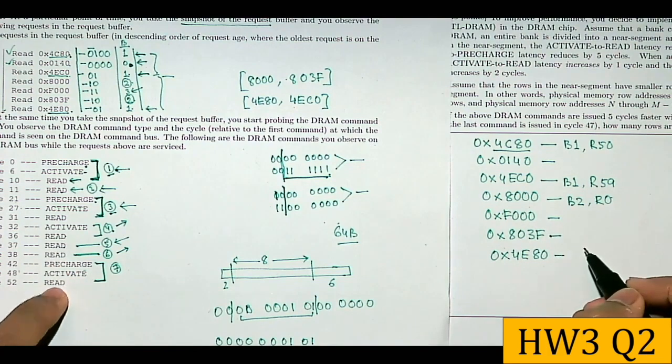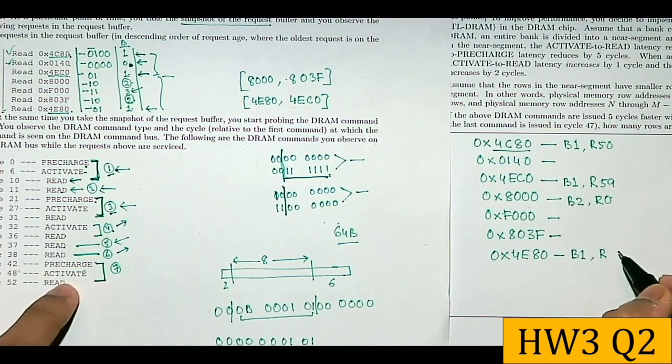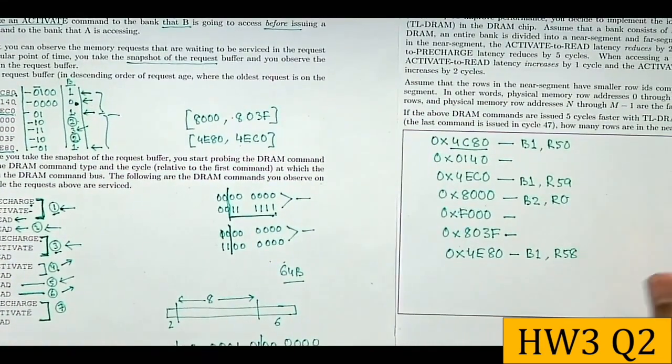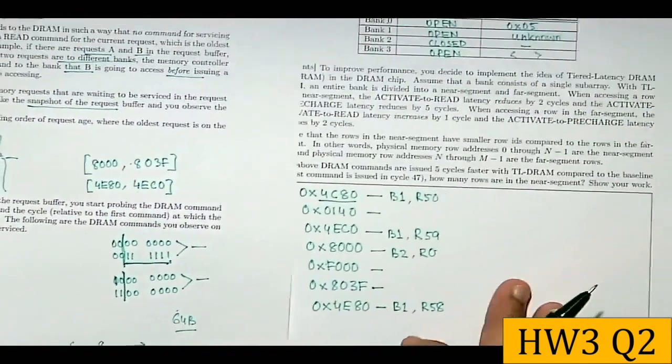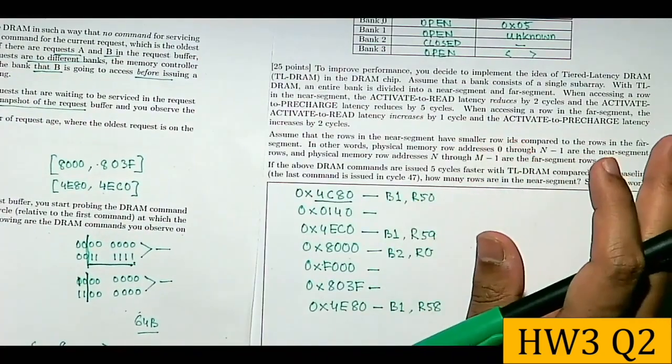This guy is another guy which has an activate. So let's see. This is bank 1. This is row 58. Now what we need to see is, we know the latency sensitivity of the fast segment and the near segment. That's one piece of information we know.